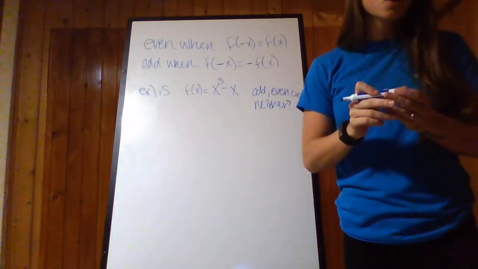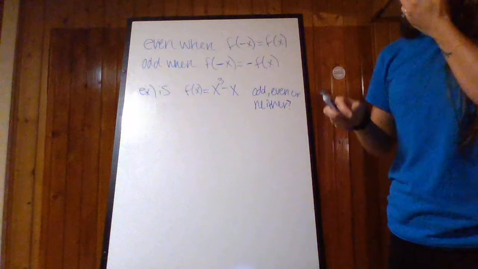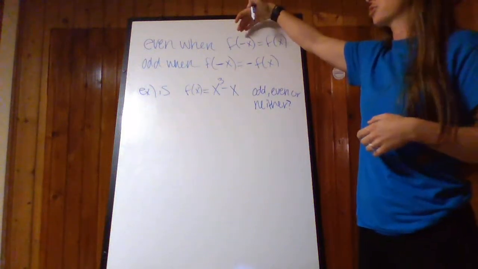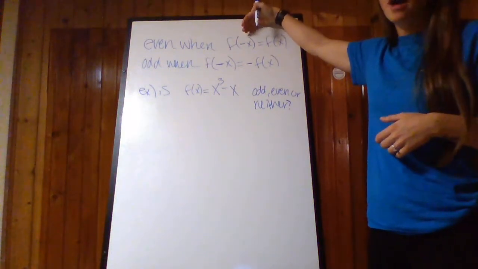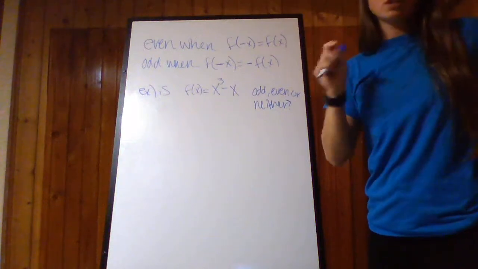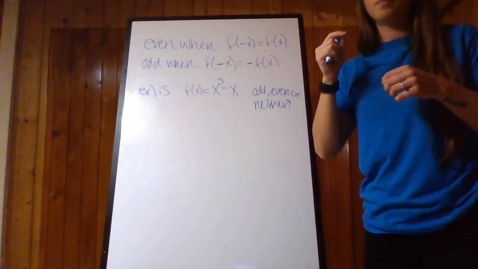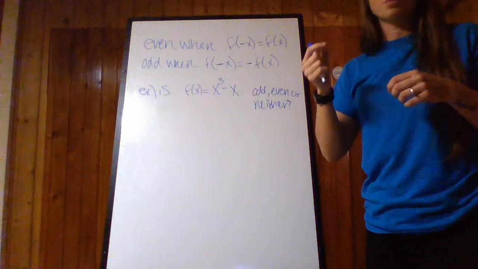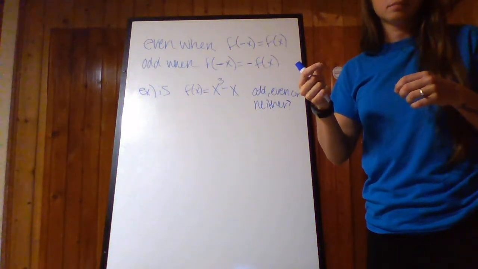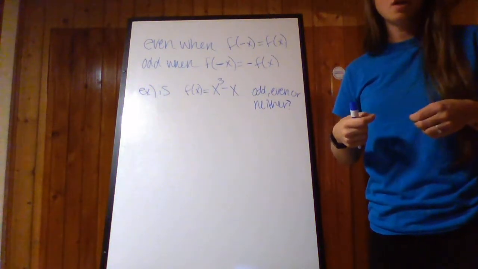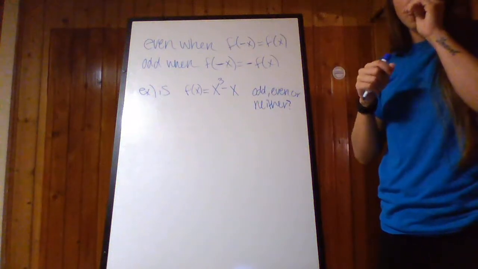Okay, so what I have to do, both of these notations start out that I have to take f of negative x. So we talked a little bit about composition of functions. Okay, so we talked about substitution before.